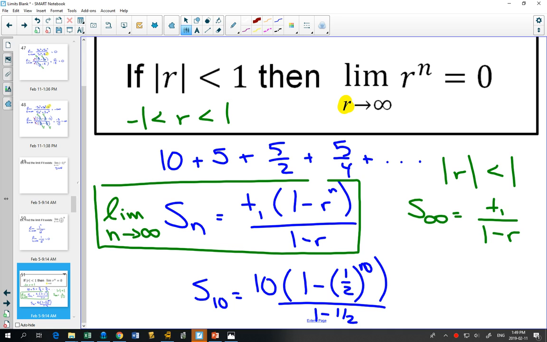Well, we just replaced the n with infinity on the left-hand side of the equation. And then we said to ourselves, if I had a half in here to the exponent of n, and n gets really, really big, this limit goes to 0. And that's the only thing that changes. And so what's left of my formula, just term 1 times 1, ends up being term 1, and 1 minus r in the bottom.